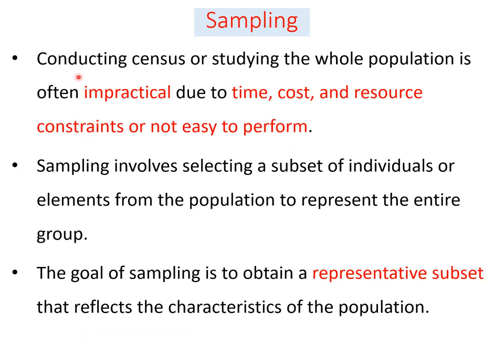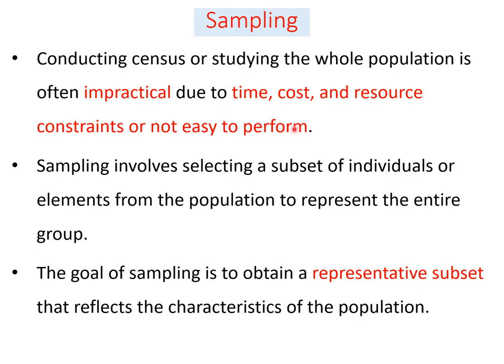By the way, conducting a census, or considering the entire population, is often impractical for the following reasons. One is time constraint. The other is cost constraint, because it requires a large amount of cost, and in general, because of resource constraints, it is not easy to consider the entire population for our examination.